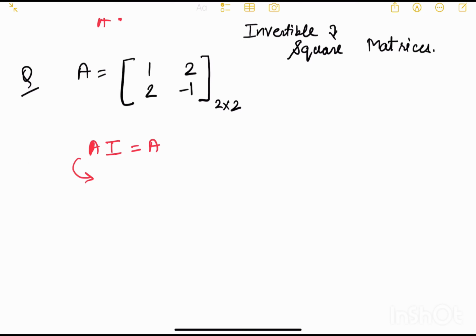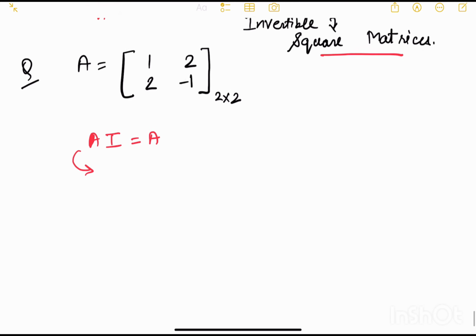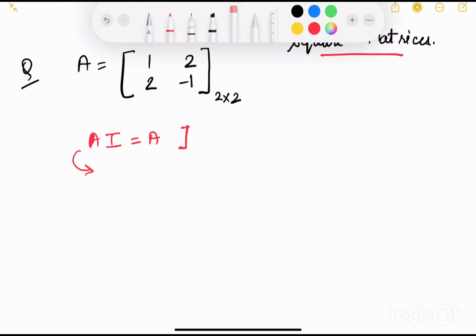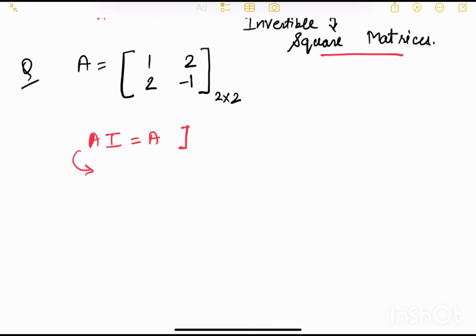Let us just recall that we find the inverse of square matrices. So as case one, I will be considering a 2 cross 2 matrix. Also, I can write this relation that if I'm multiplying my matrix A with my identity, I will get the matrix A itself. I need to convert this A using elementary operations into my identity matrix, so that what I'm multiplying with my matrix A, to get my identity, is the inverse, right?